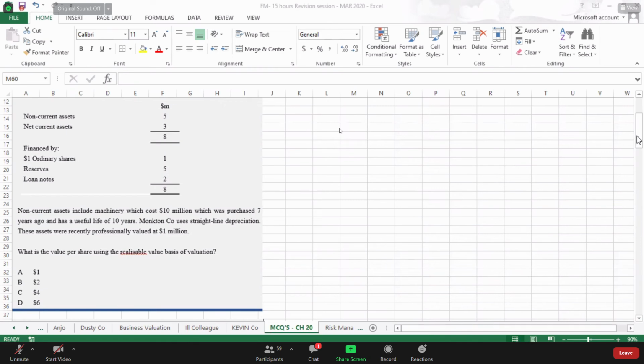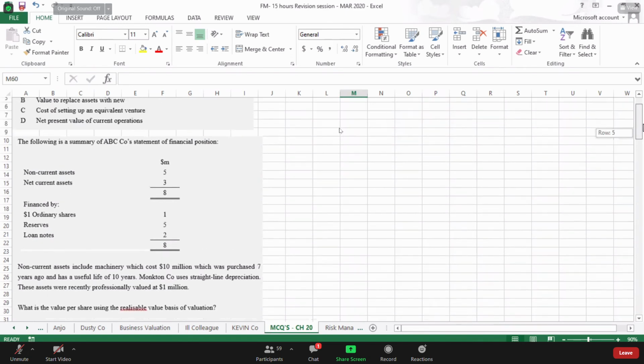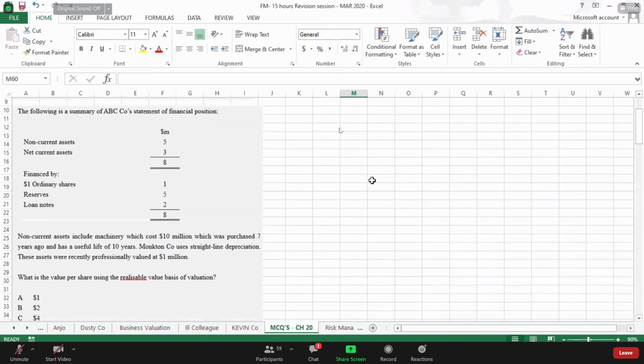Value per share they're asking. So, tell me how you got the answer.